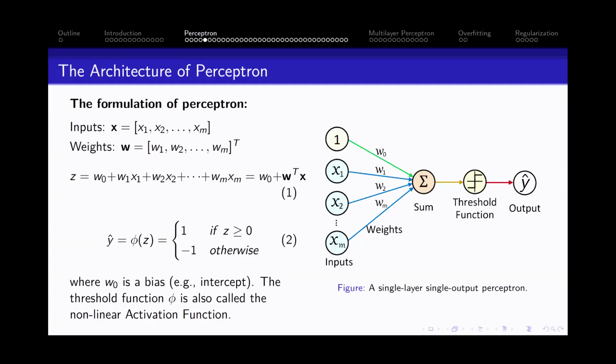So mathematically, what you are doing is just calculating z. Then you look at the criteria that you have for phi of z, which we call the activation function, to see if it meets the criteria and get the output of 1, or it doesn't, and you just assign -1 if your calculation doesn't meet the criteria you define.